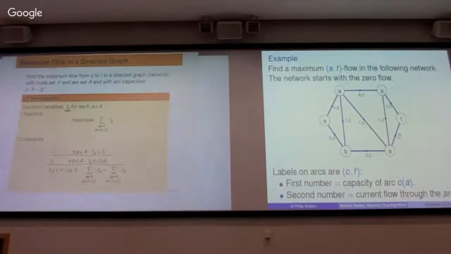And the third set of conditions is that for every node other than the source and the sink, this is maybe a complicated notation, but look at all the arcs which go to U, from anything to U. So the first vertex is some x, doesn't matter what it is.